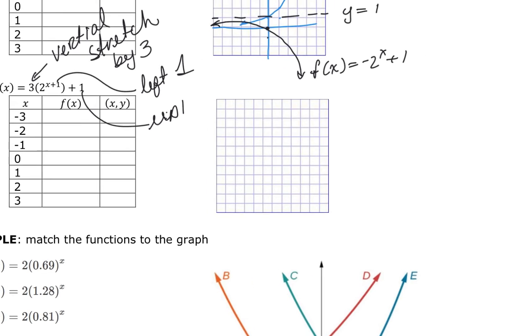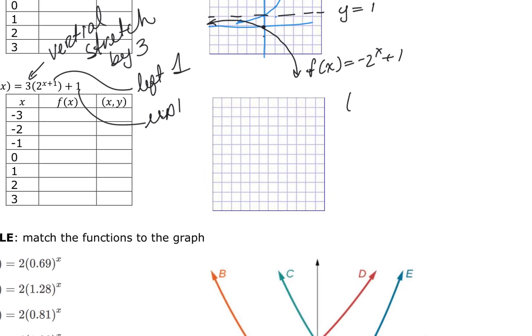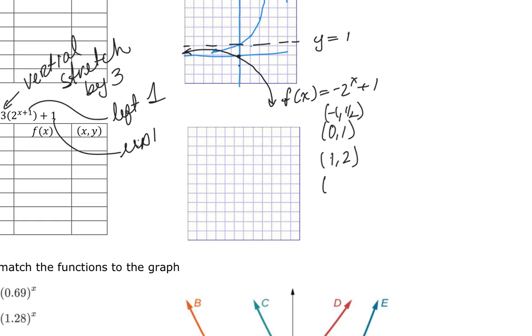So I'm just going to take some points. I know one of my points is 0, 1. This would have been on my original function. And I also know that I would have had 1, 2. And I also would have had negative 1 and then 1/2. So I'm going to do it by transformations with those points.